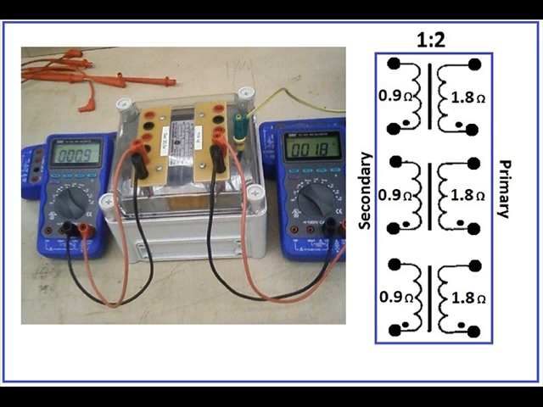Then we'll be looking, of course, for a balance on all three windings on the primary, so that they're all equal, and the same on the secondary again, so that the three windings are balanced in terms of the resistance values.